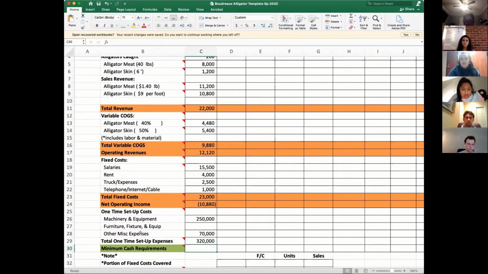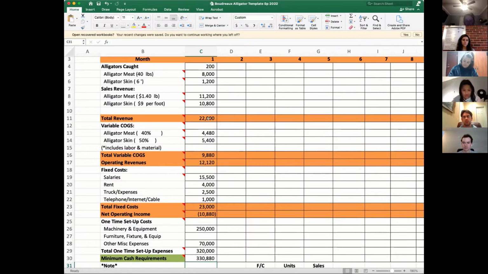So what I need right now from Boudreaux, I needed 320,000, right? And I have to put minus the minus. So at this point, the bare minimum he would need at the end of the first month would be $330,880, right? Now, will he need that $320,000 next month? No, because it's a one-time startup cost.